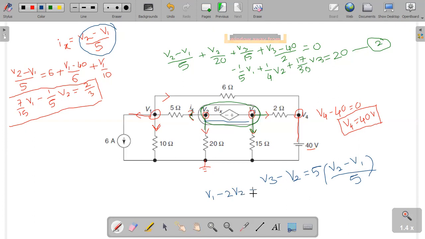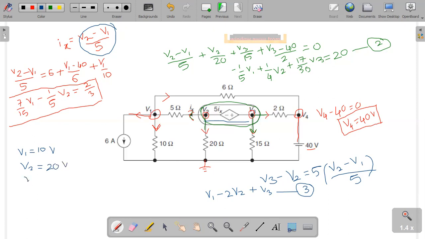So I have got the three equations for the three unknowns V1, V2 and V3. If I solve these three simultaneous equations in calculator, I am going to get the values directly as V1 equals 10 volt, V2 equals 20 volt and V3 equals 30 volt. And we have already got the value of V4 as 40 volt.